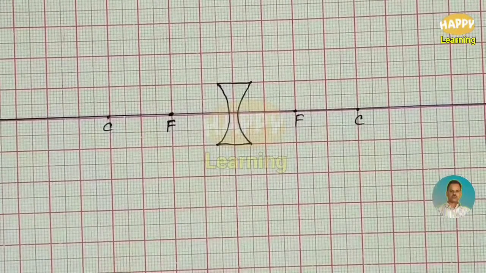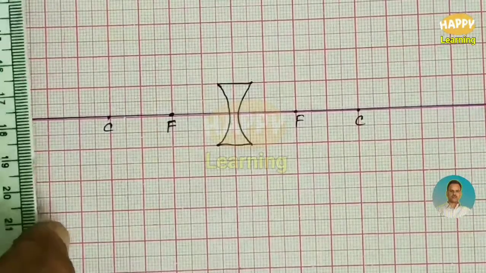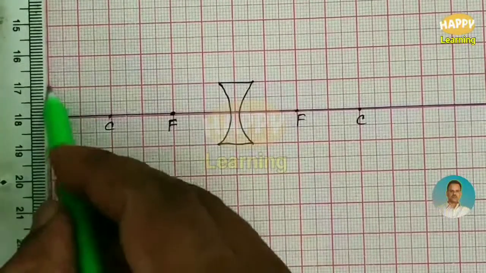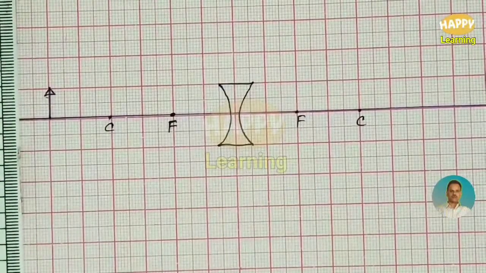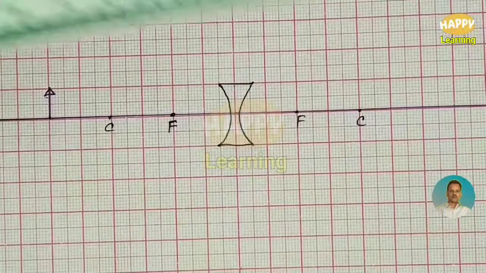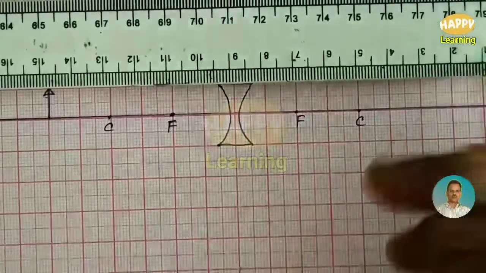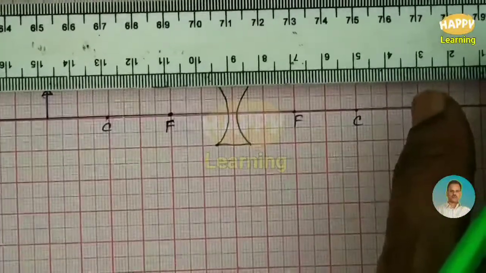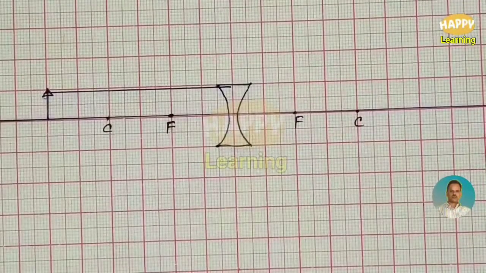Suppose this is a biconcave lens, equal on both sides. Now, I am selecting one object somewhere here beyond C. Suppose this is the object. Select two rays. One ray I am selecting as parallel to the principal axis.